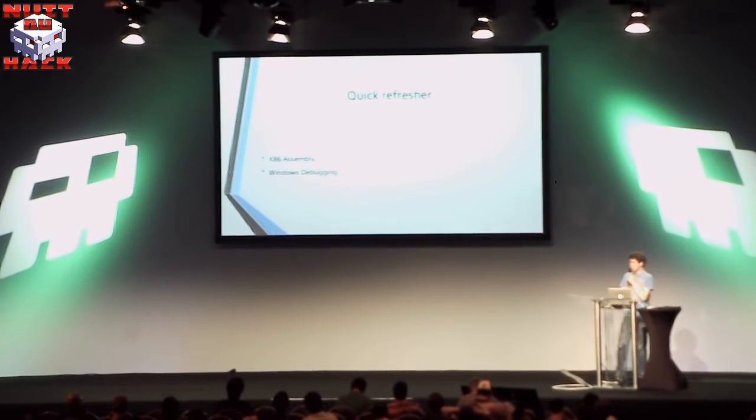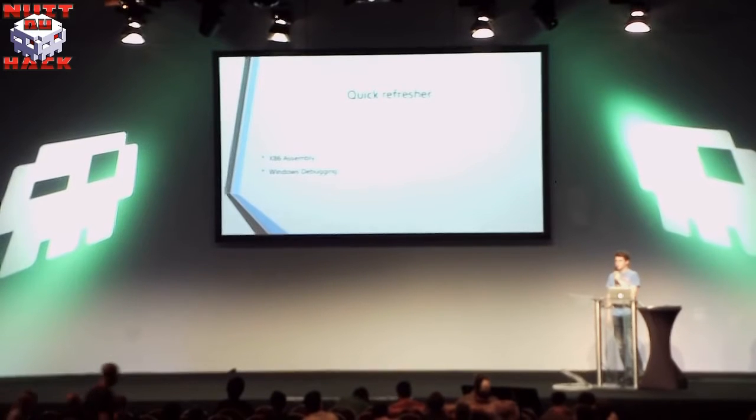Before I start talking about x64dbg itself, just a quick refresher on x86 assembly, because that's what we'll be looking at for the coming time. After that, I'll give a quick overview of how Windows debugging works internally.